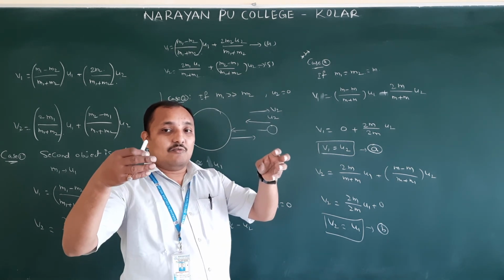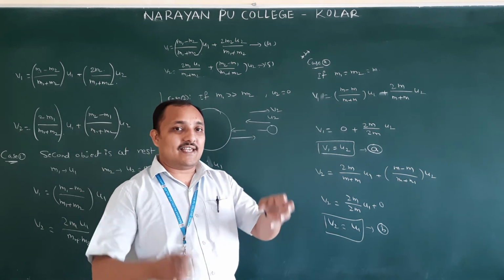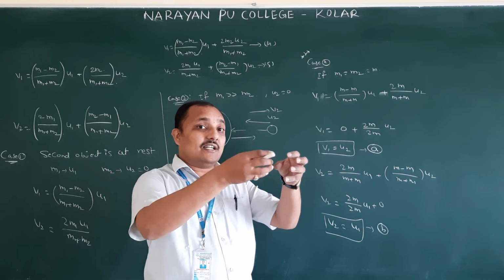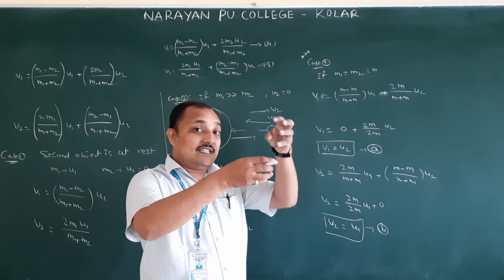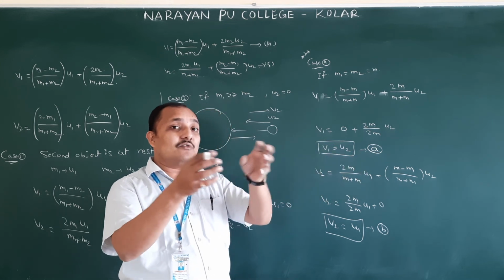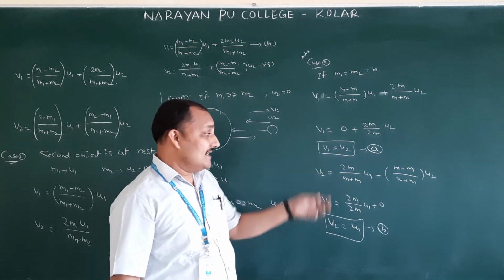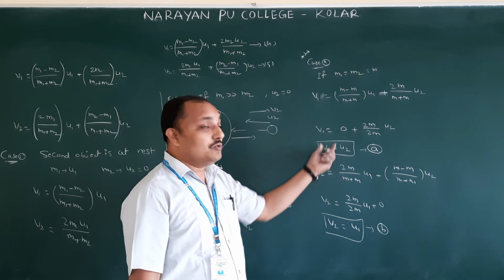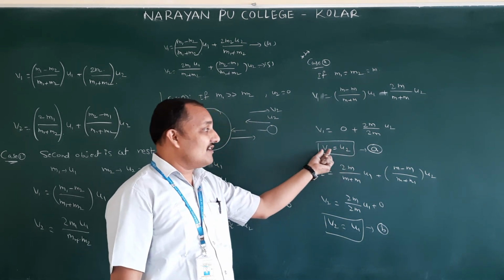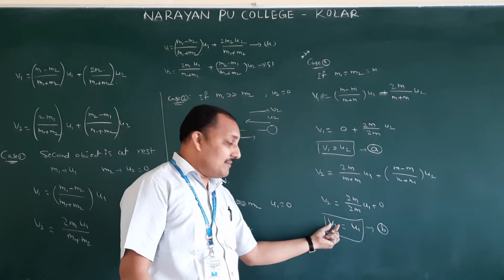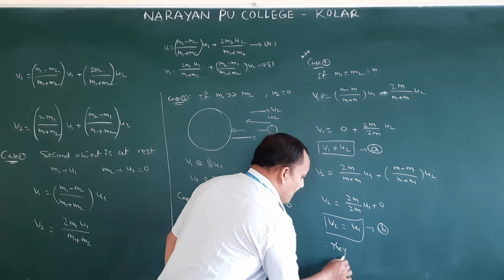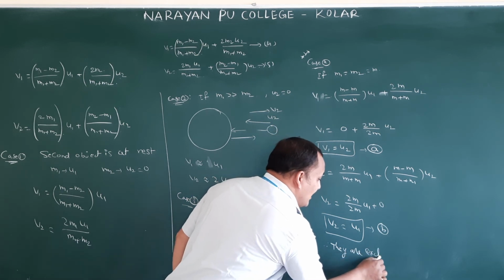Because all the balls have the same mass, when one ball hits this ball, the hitting ball comes to rest, and the ball that was at rest moves with the same velocity. Both balls exchange their velocities. Same like that, here the two objects exchange their velocities. Therefore, they are exchanging the velocities.